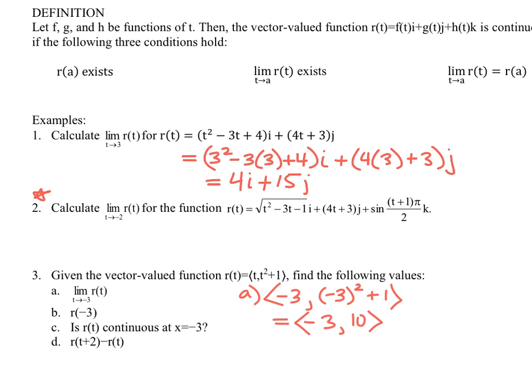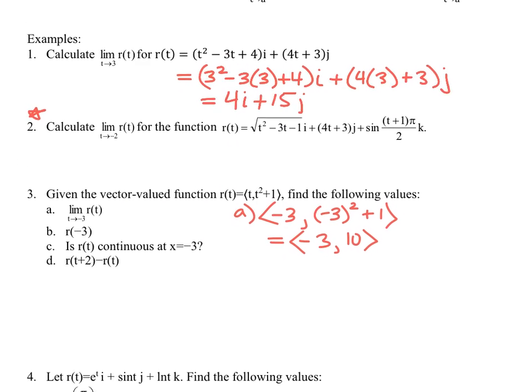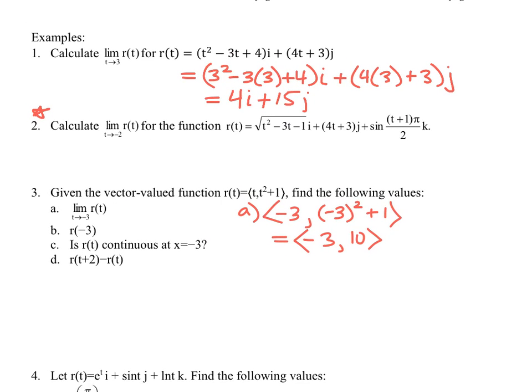Now, independent of the concept of a limit, what I'm going to do is just evaluate the function r of -3. Now, if a function is continuous, it should feel like you're doing the same calculation repeatedly. You're like, I'm just doing the same thing again. If that's the case, then odds are what you're dealing with is continuous. So that's what's happening here. When I evaluate the function, I get -3, -3 squared plus 1. I get the same thing.